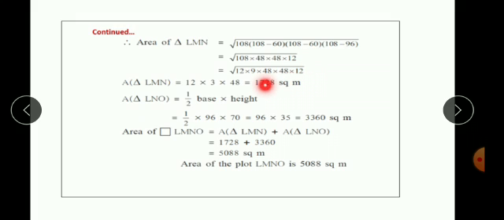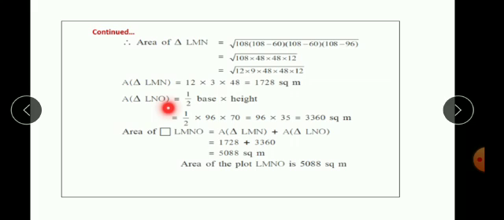So we get 48 two times, 12 two times, and 9 we can write as 3 into 3. After taking out the square root and the squares, what we get? 12 one time, 3 one time and 48 one time. So multiply it, 12 into 3 into 48. So what is the area of triangle LMN then? 1728 square meter.